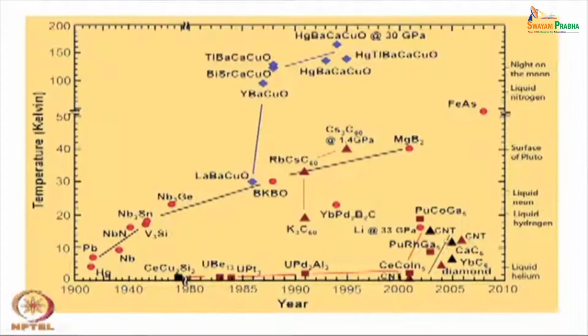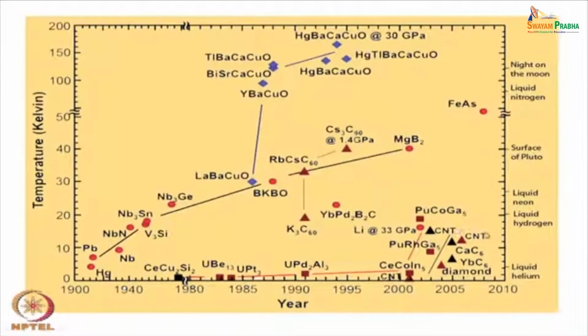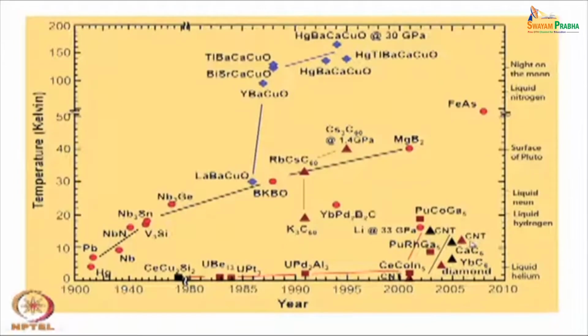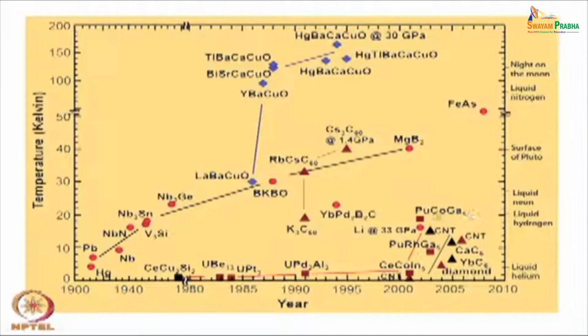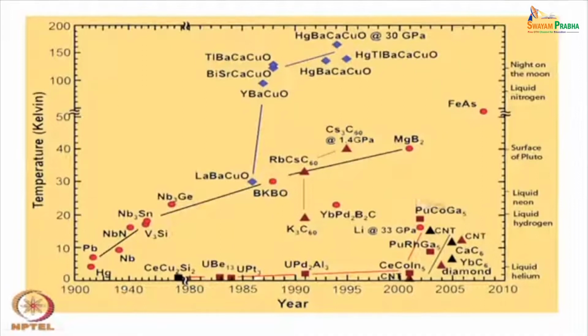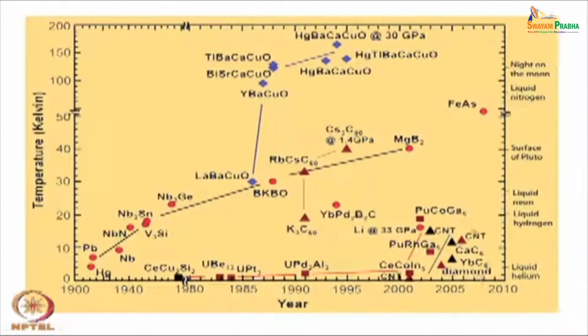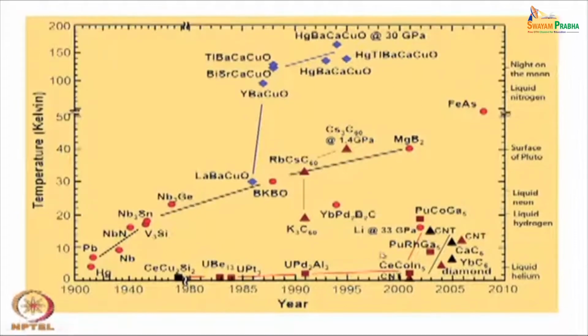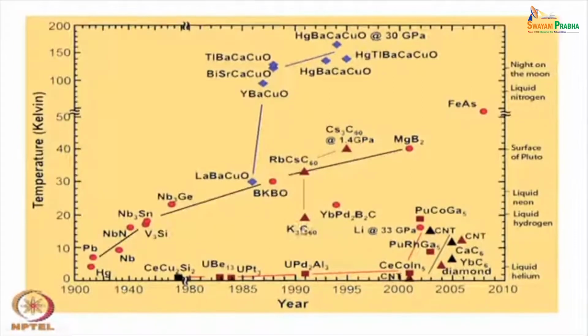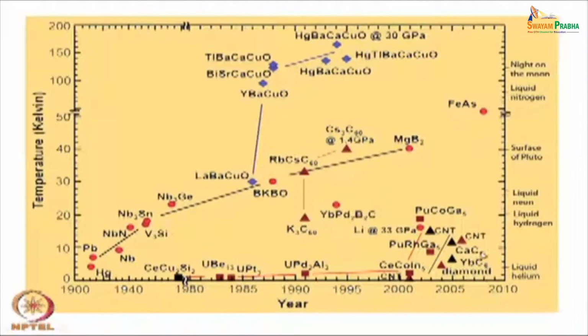Some people have reported that there is superconductivity in carbon nanotubes, and then there are more complex compounds, basically intermetallic compounds. They are not oxides, these are carbides. Then you have potassium C60, all kinds of different compounds have been shown to be superconductors.